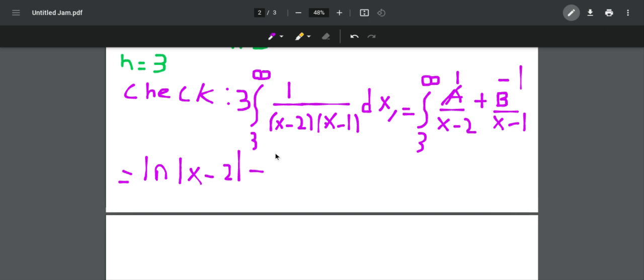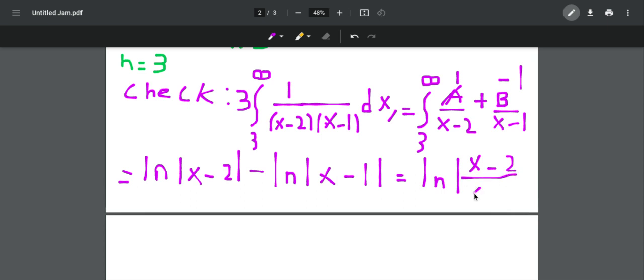And we have minus 1 over x minus 1, whose integral is natural log of the absolute value of x minus 1 again. Because we have a subtraction, by the properties of natural log, we can write this as natural log of the absolute value of x minus 2 over x minus 1.